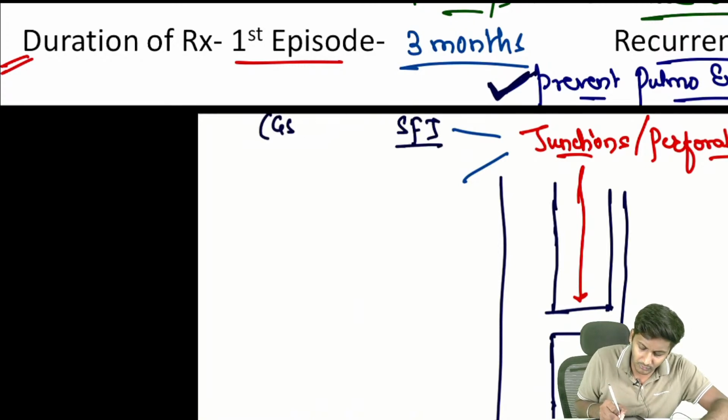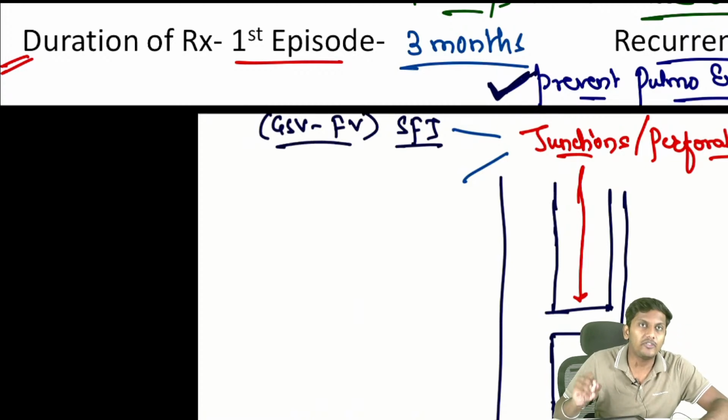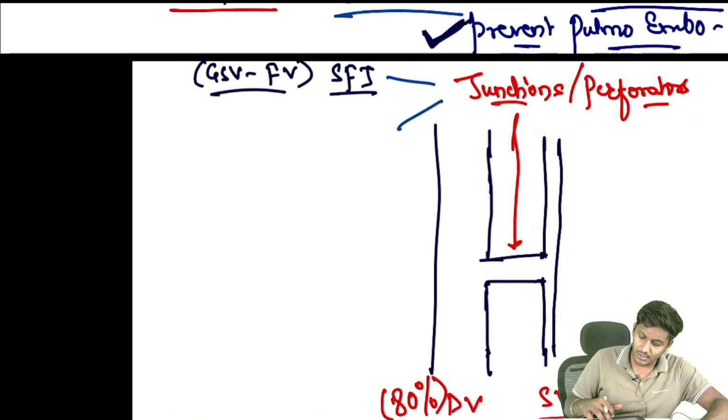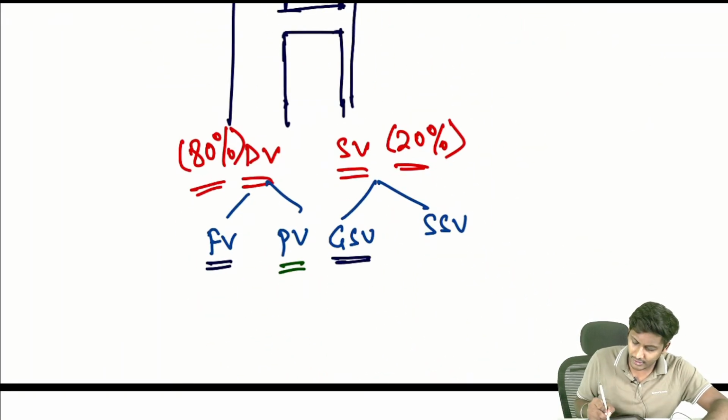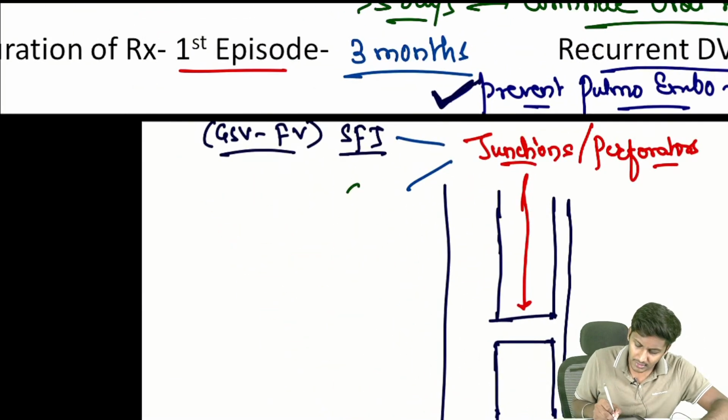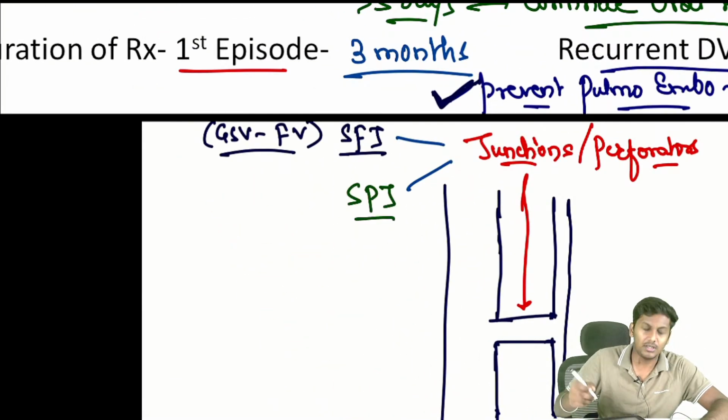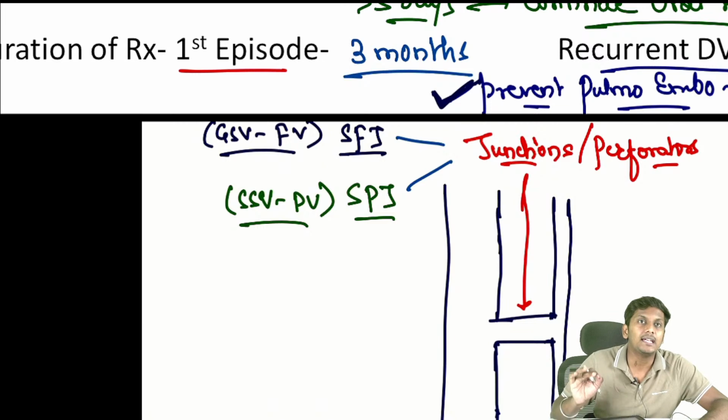Next, my popliteal vein is connected to my short saphenous vein, and that junction is called the saphenopopliteal junction. Got it? So that's the important thing you have to be aware of.